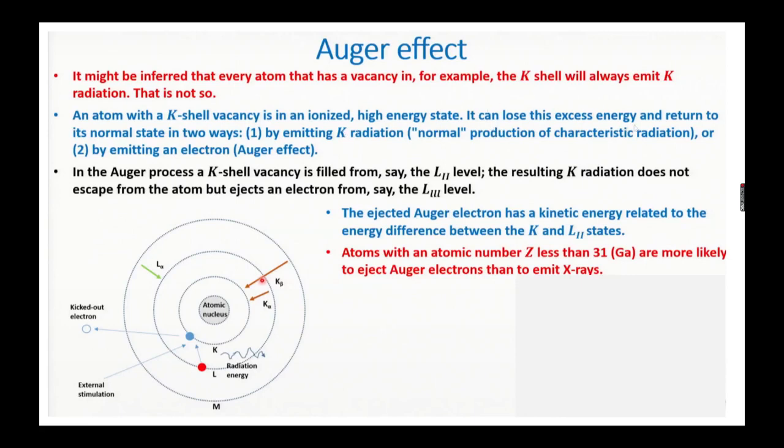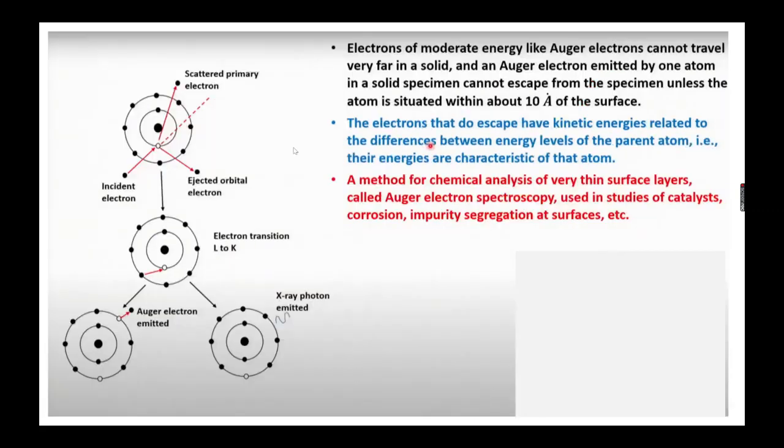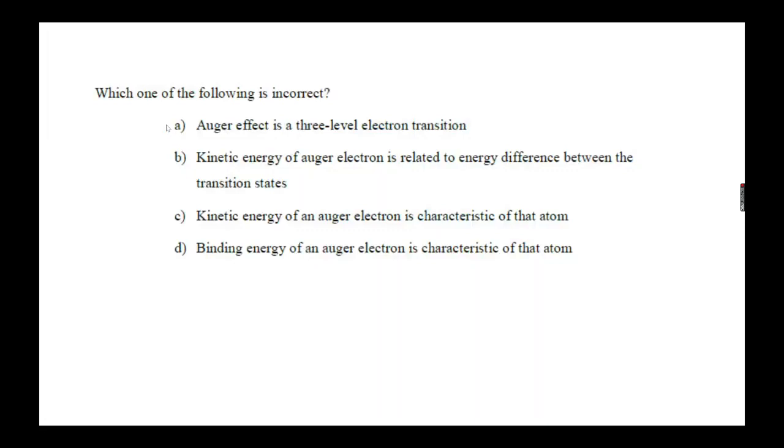It can lose the excess energy and return to the normal state in two ways: by emitting K radiation, which is the production of characteristic radiation, or by emitting an electron, which is the Auger effect. So it is not something that depends on the binding energy. Here also you can see the first one is a three-level transition. What is the first? Auger effect is a three-level transition. So which is true?